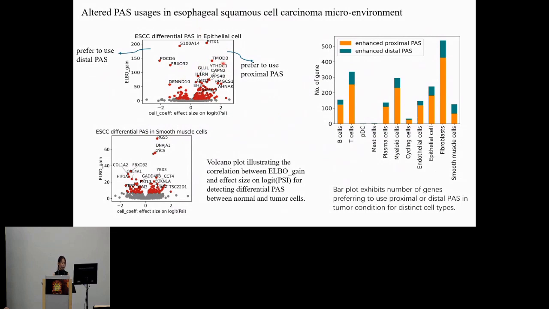The genes located at the right side prefer to use the proximal polyadenylation site. Interestingly, we found that in most of the cell types, the tumor condition always prefers to use the proximal PAS.